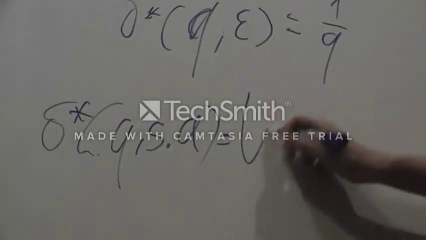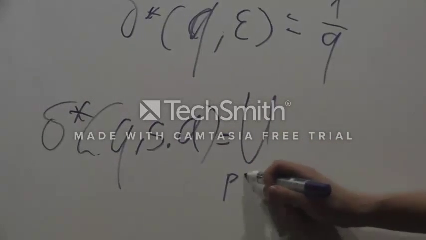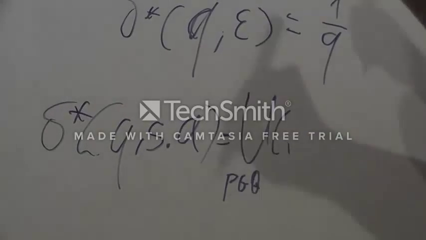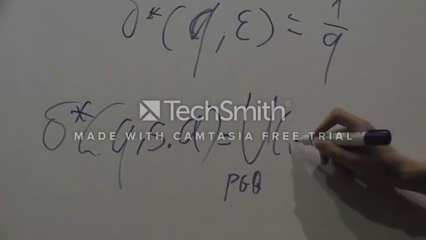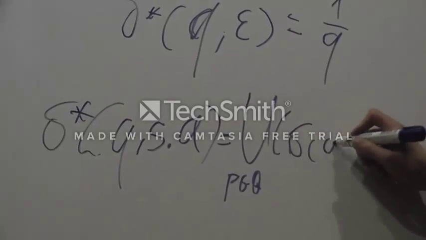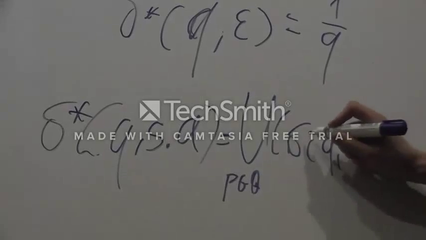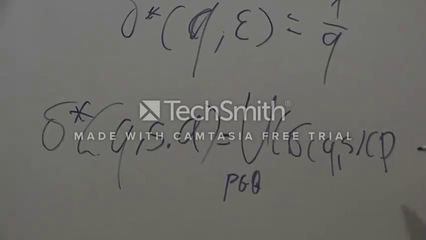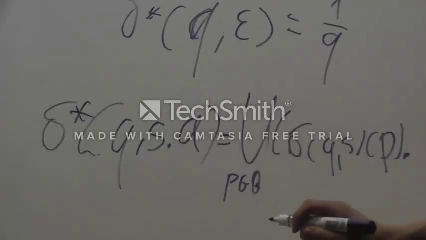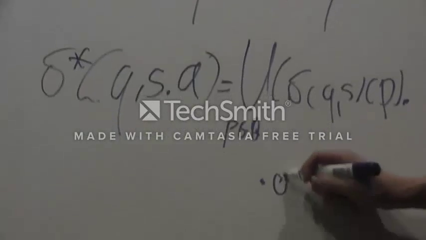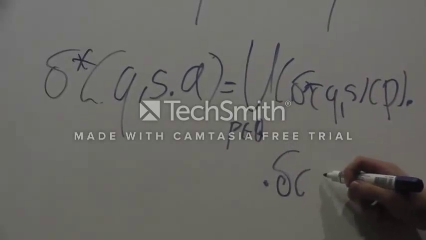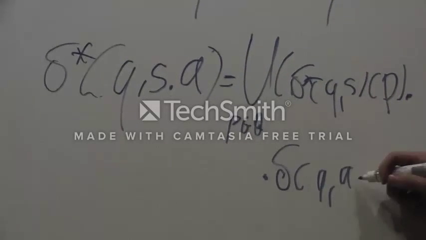The result is the union over all reachable states of the transition function from the initial state by the string to this state, combined with the transition function by one element.